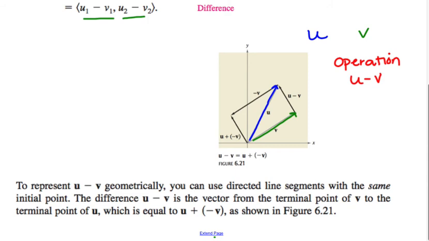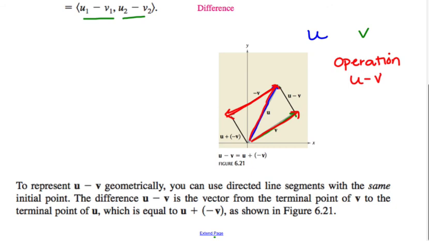So we are going to start with u and then go backwards v. This would have been forward v. We're going backwards, so we're negating it.